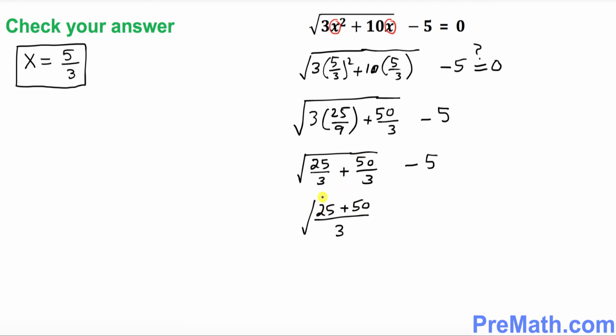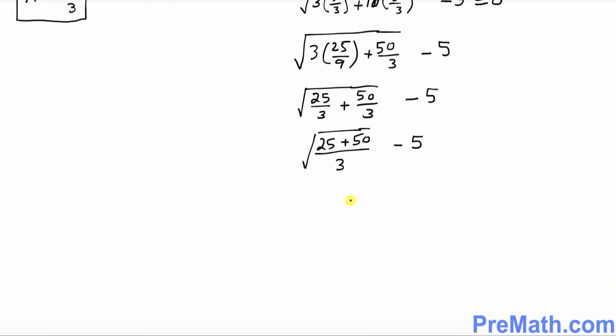So once again, I want you to take the square root on this side, minus 5. So far so good. And then the next step, I want you to do this one over here: 75 divided by 3, minus 5. And once again, on the right hand side, question mark, is this equal to 0?